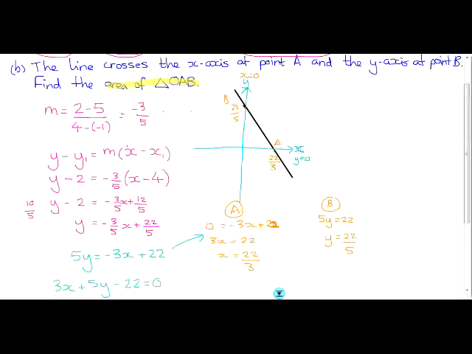So everything's looking pretty good right now. Now it asks us for the area of the triangle OAB, and O is the origin. So there's that. And the area of a triangle basically is half times the base times the height. So it's going to be a half times the base, so that distance there, we're at 0 to 22 over 3, so it's definitely just 22 over 3, times the height, which is 22 over 5.